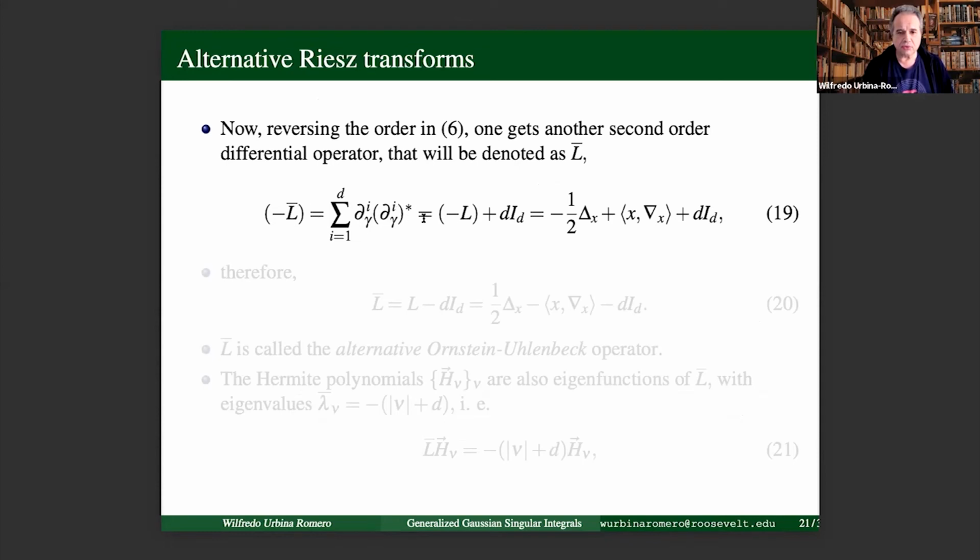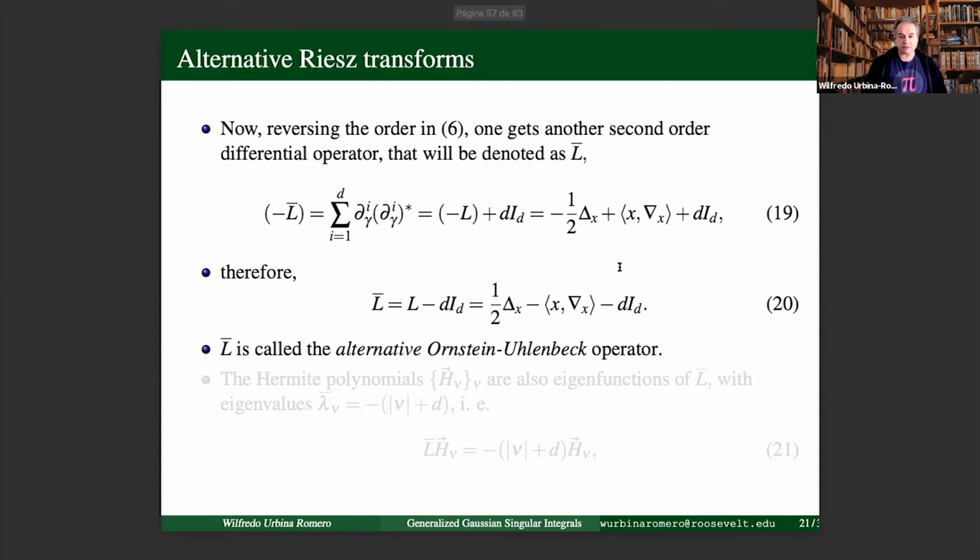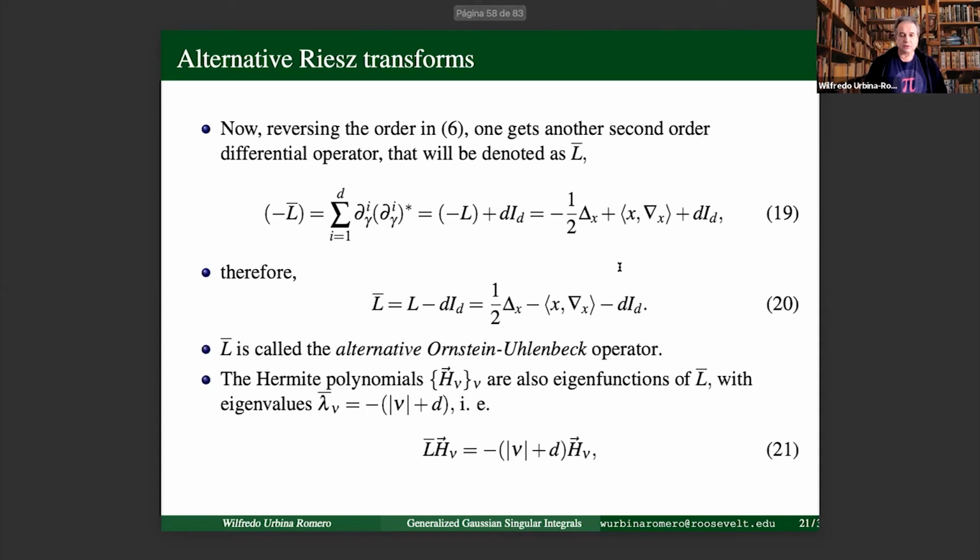Well, when you reverse that, you get this guy, which is not of much interest in quantum mechanics precisely because it depends on D. We call that guy the alternative Ornstein-Uhlenbeck operator, and it also has a discrete spectrum, and the Hermite polynomials are eigenfunctions.